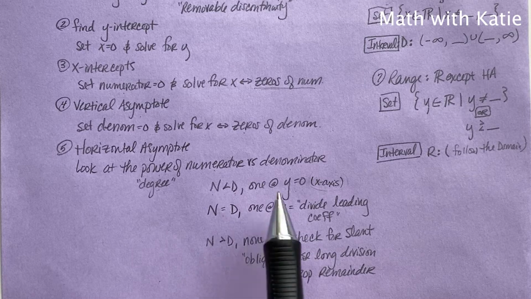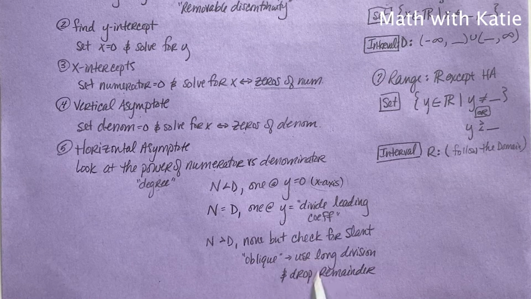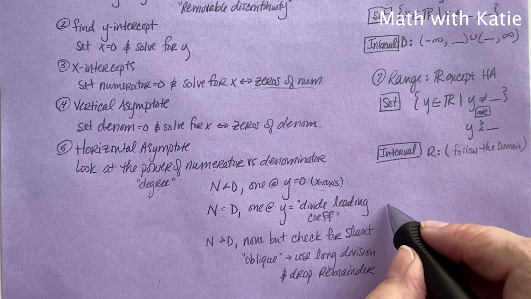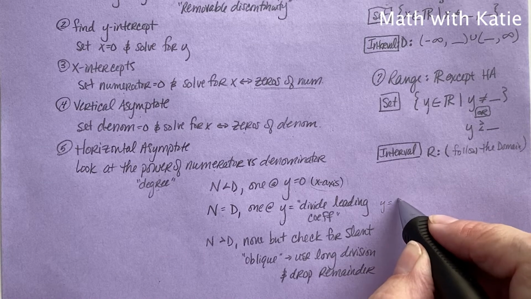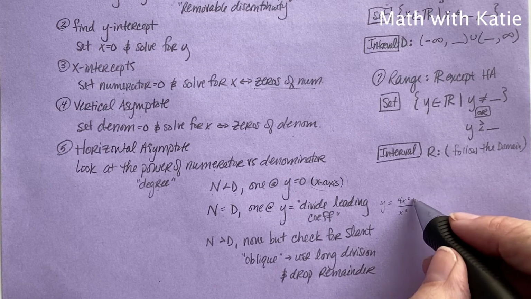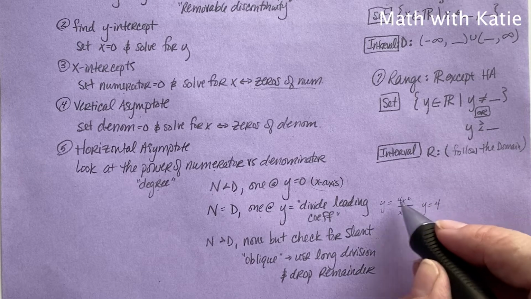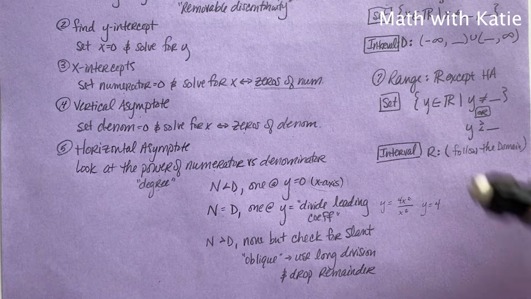If it's equal, you have one at y equals, and then you're just going to divide the leading coefficients. So let's say we had y equals 4x squared over x squared. Okay, the powers are equal, so we have one at y equals 4, because it'd be 4 over 1.